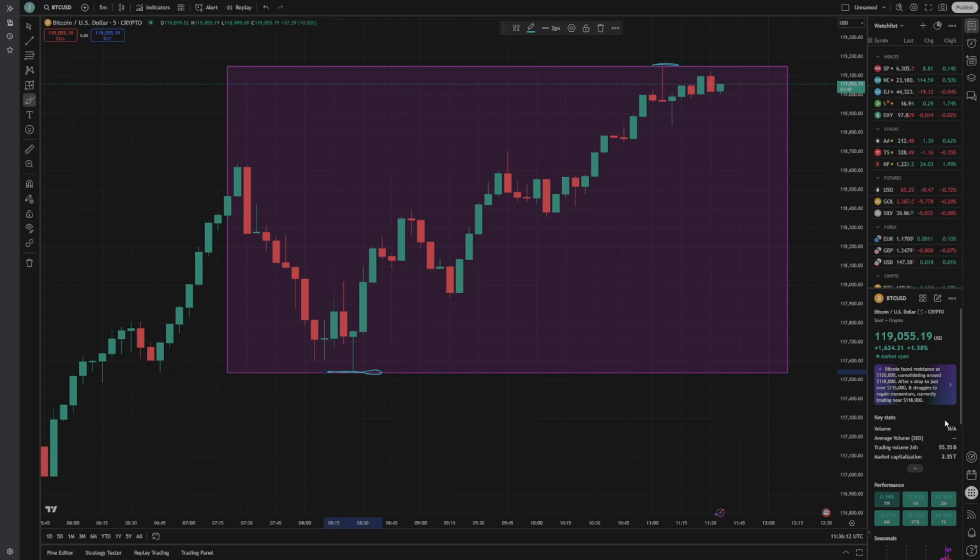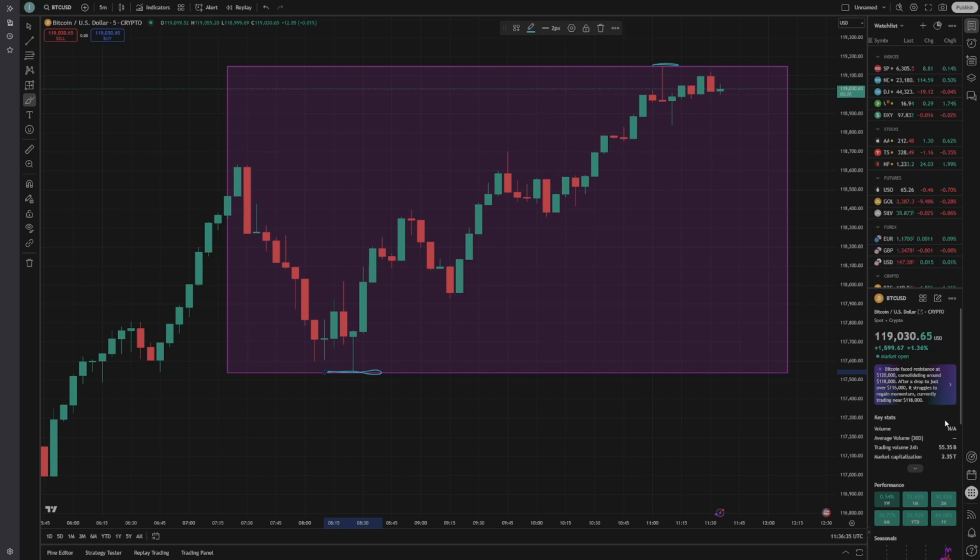Now that we understand what the box strategy is, it's time to explore how the box actually works. Let's take a closer look at the structure of the box and what each zone really represents. Think of the box like a battlefield. At the top of the box, we find the strongest sellers. This is where many institutional traders set their short positions.